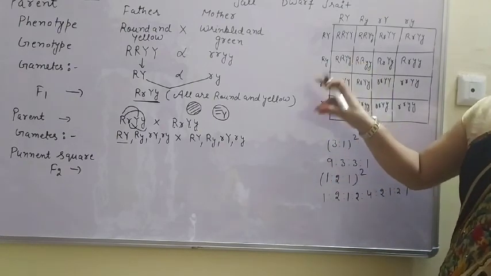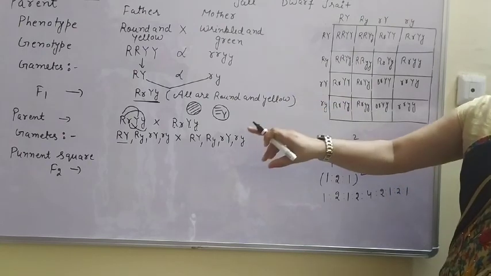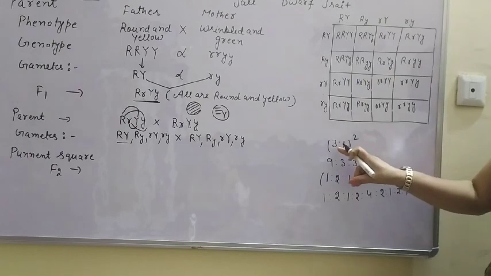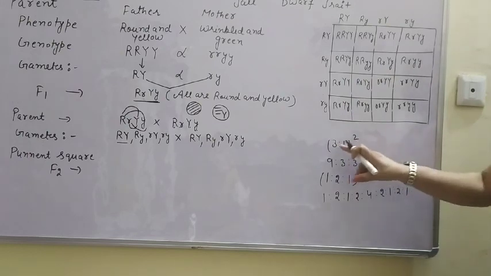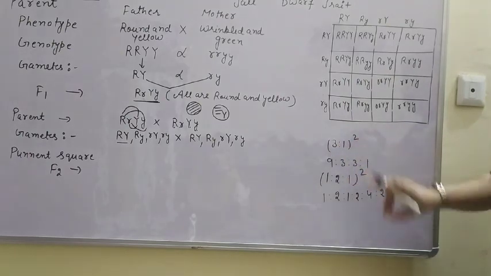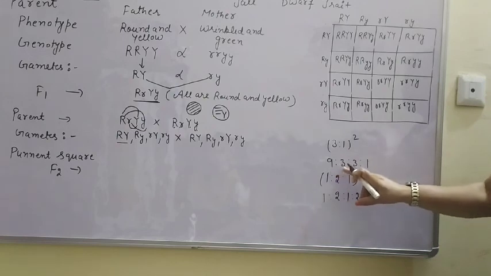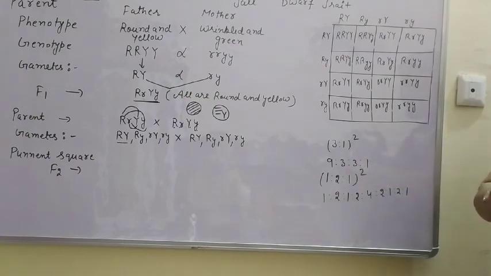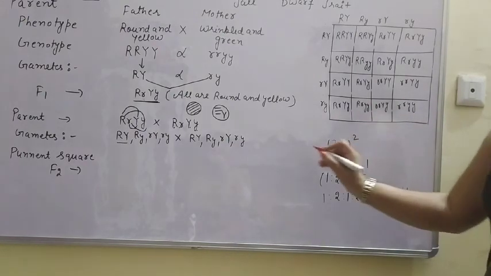And in the dihybrid cross, to get the phenotypic ratio of the F2 generation, we just have to take the square of 3:1. So that ratio is 9:3:3:1. How can we find out this 9:3:3:1? We can write it with one symbol each.